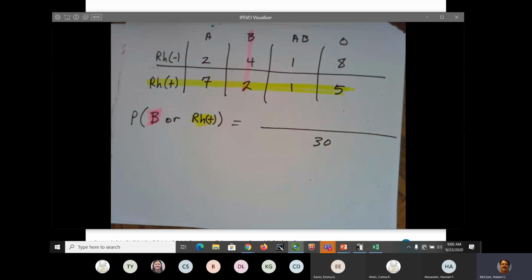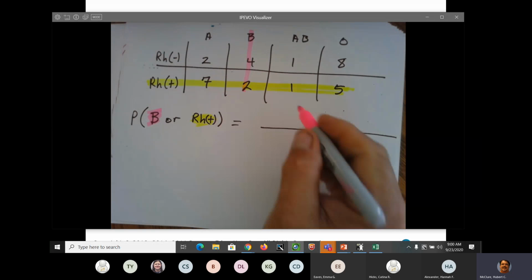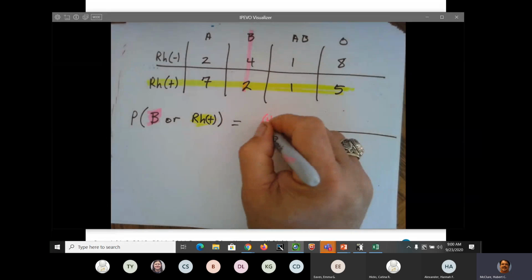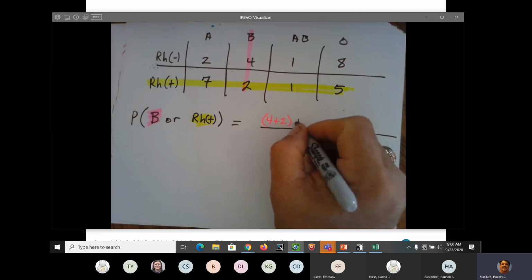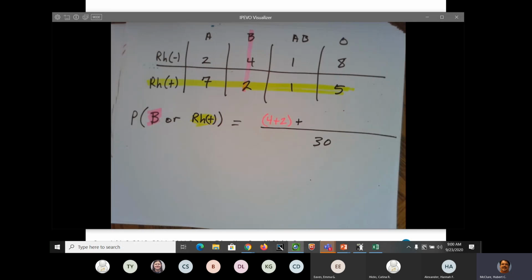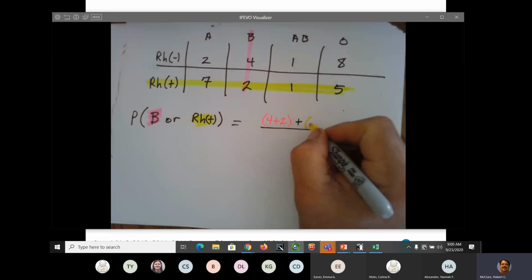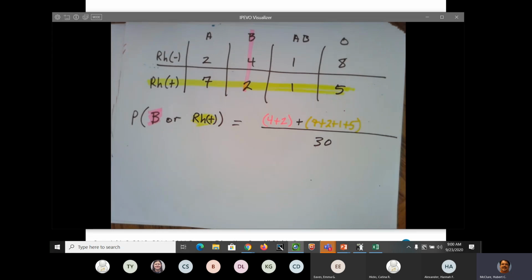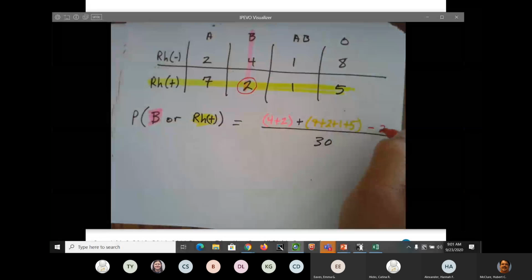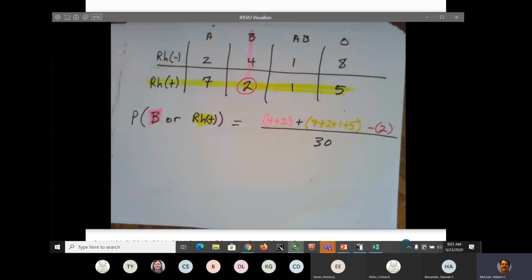So now we've got 4 plus 2 in pink, plus, because it's additive law, yellow is going to be 7 plus 2 plus 1 plus 5, and minus the overlap. The overlap is 2.